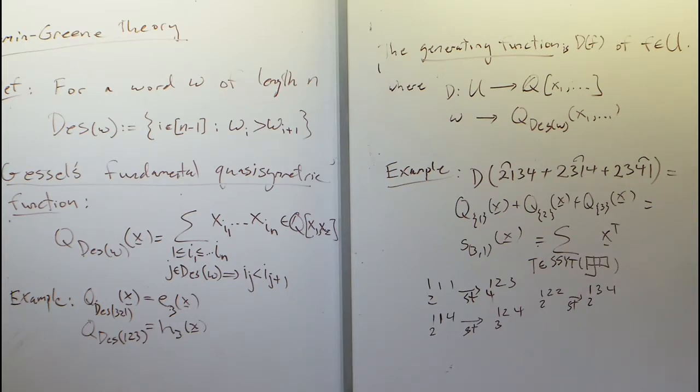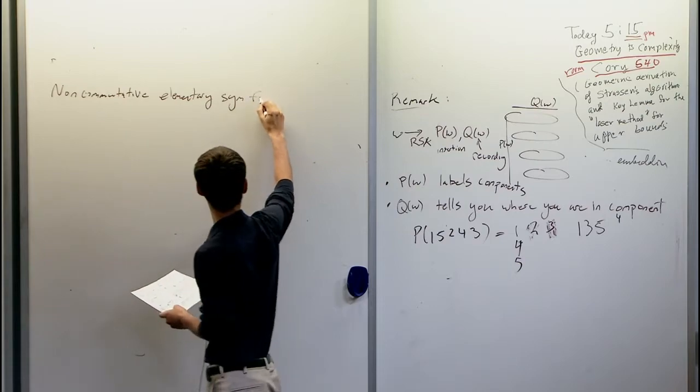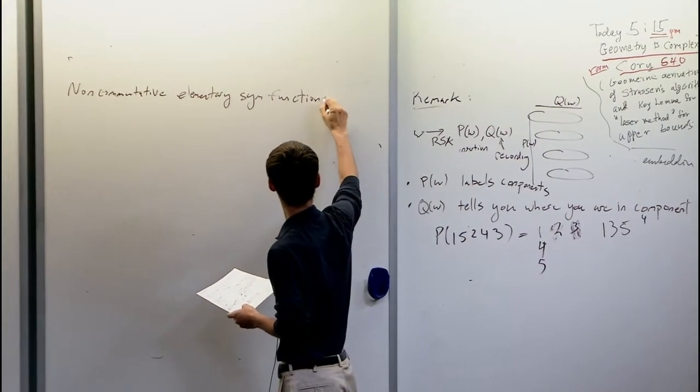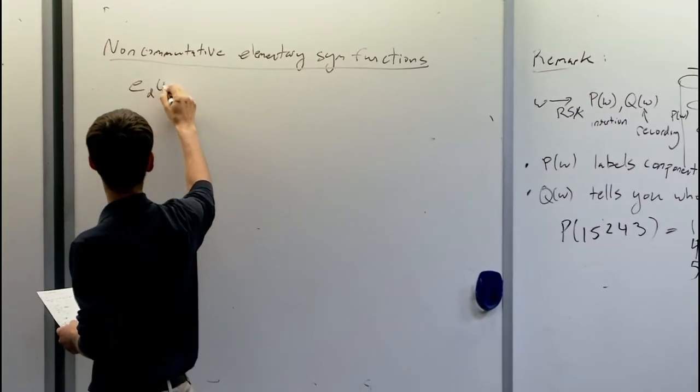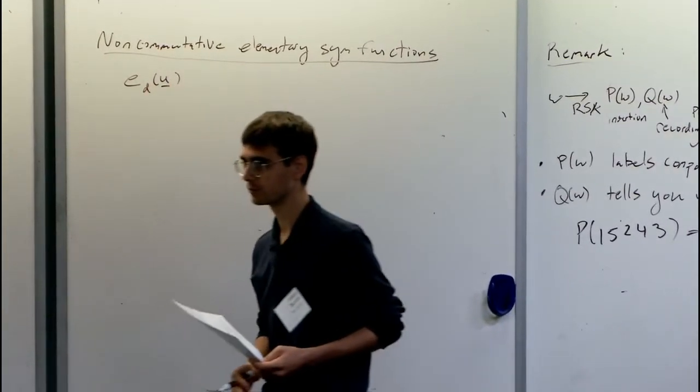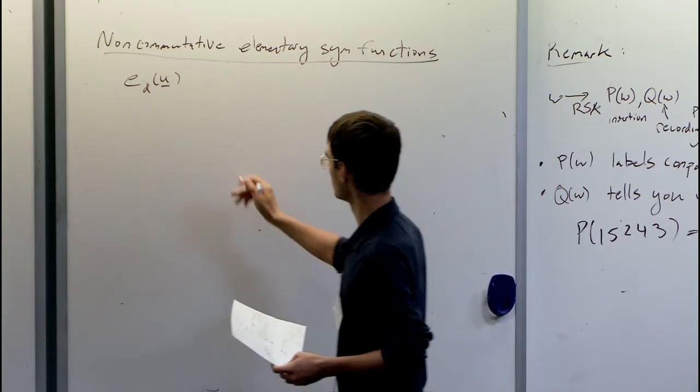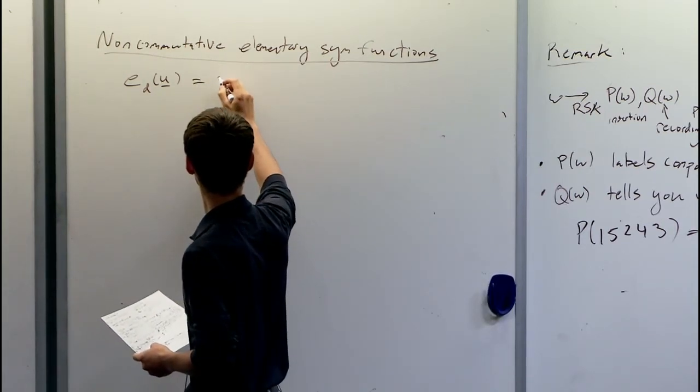Okay, so now I'm going to tell you about non-commutative symmetric functions. So first we'll start with non-commutative elementary symmetric functions. So this E_D of U is defined in the following way.